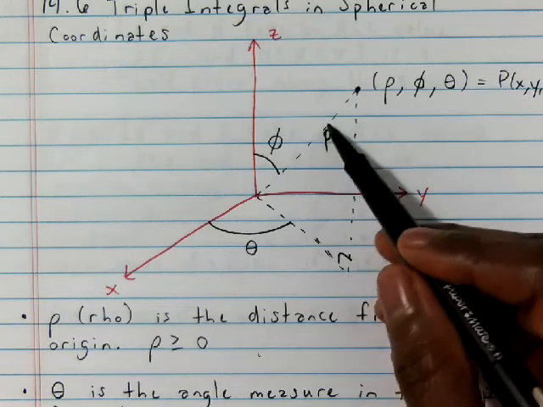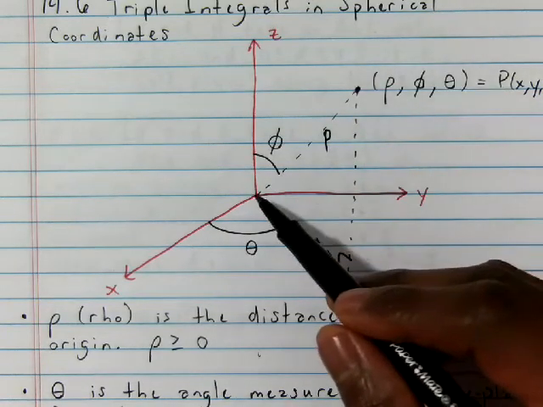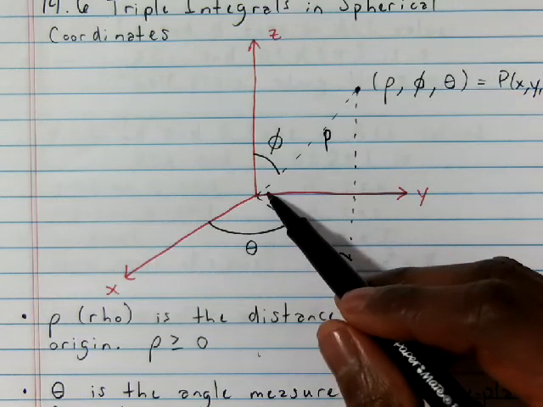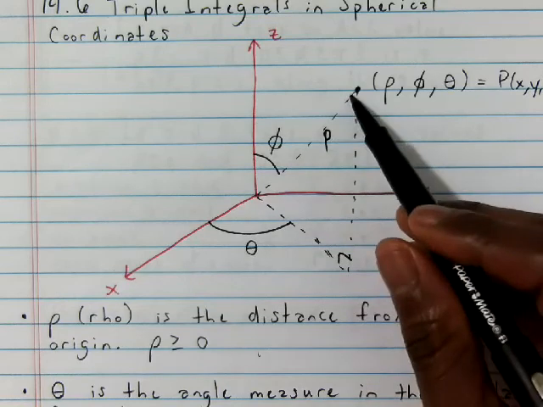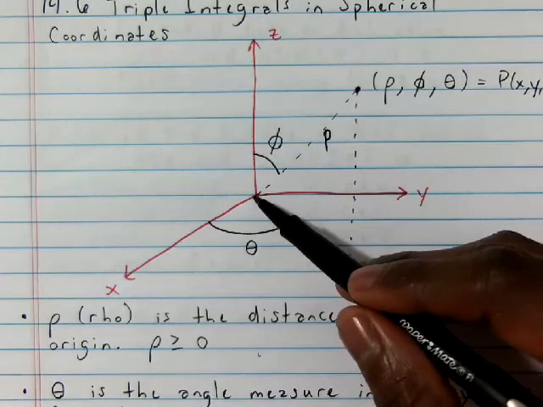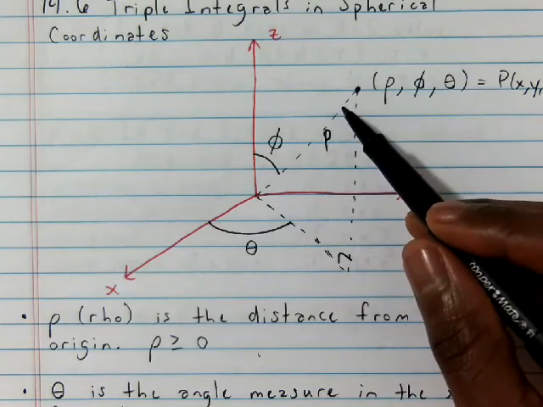If we allow rho to go from 0 to infinity, and then theta to spin around the z-axis entirely, we're going to end up spinning this infinite line, or ray, because it starts at the origin and goes out to infinity. We'll spin that ray around the z-axis and we will get a cone.